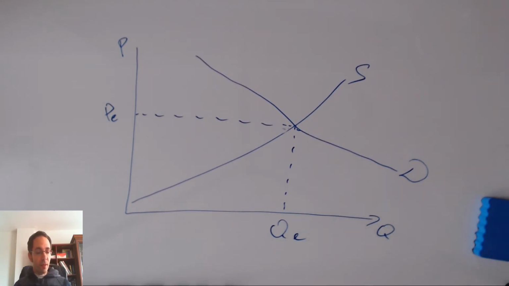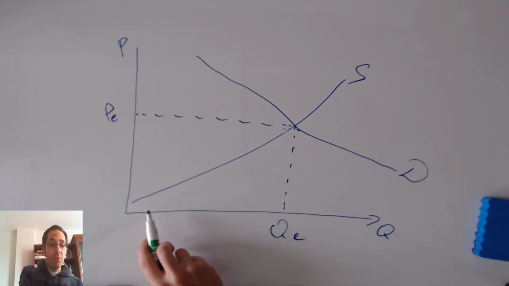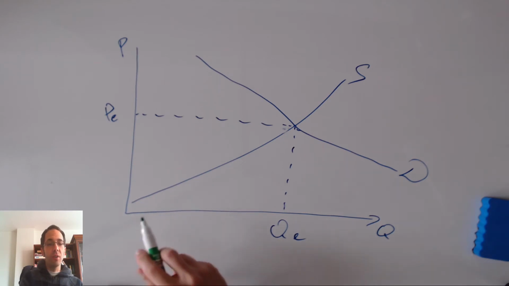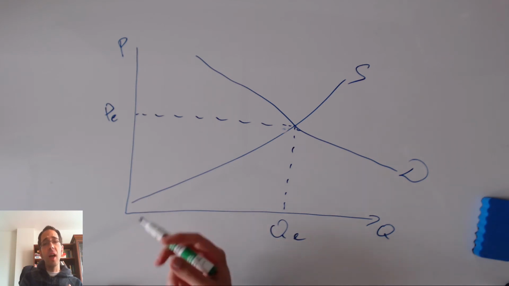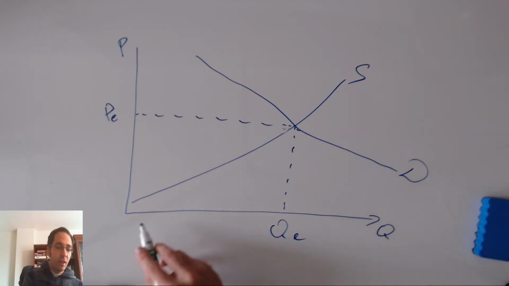Now, what this is showing us is that we can calculate the difference between what every firm is willing to sell the item for and how much they're actually getting for it. Because look at this.